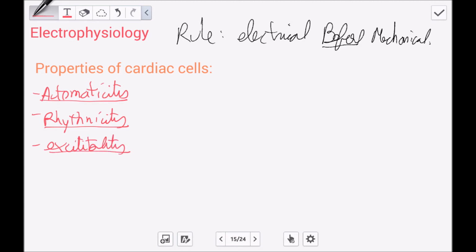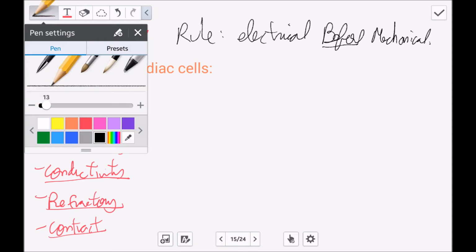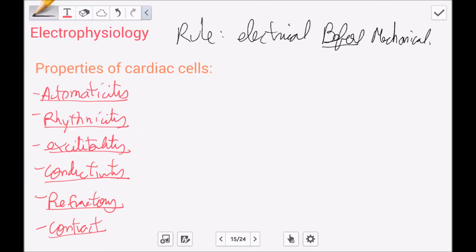They have excitability, they have conductivity, they have refractoriness, and they can contract.